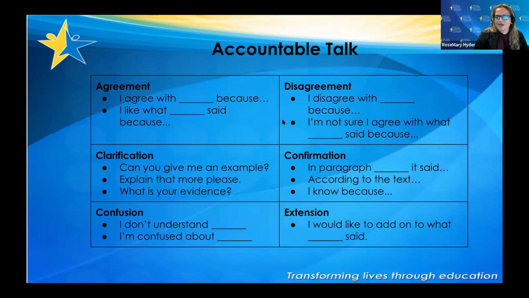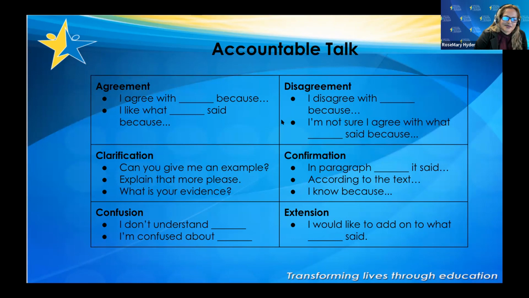And then here's the accountable talk. You're talking about discourse, agreement and disagreement, how to agree and disagree respectfully, so that you're not starting something in our classroom. You're giving them those social skills, because this is language they're going to be able to use in the business world when they start working.